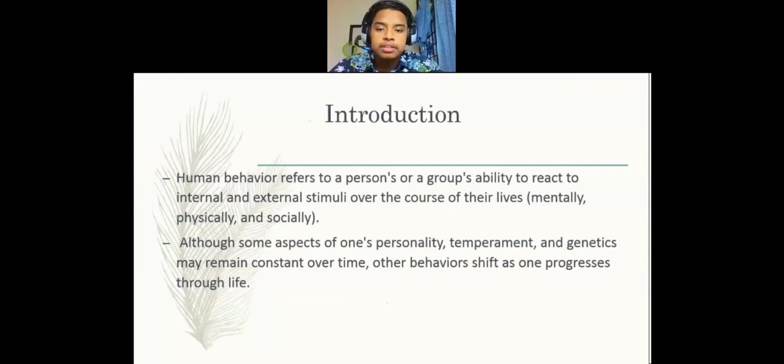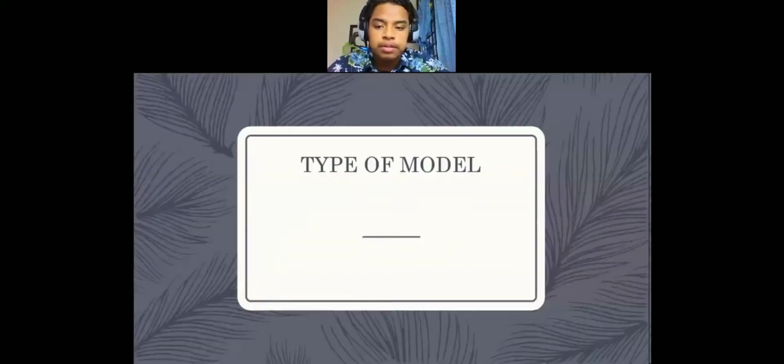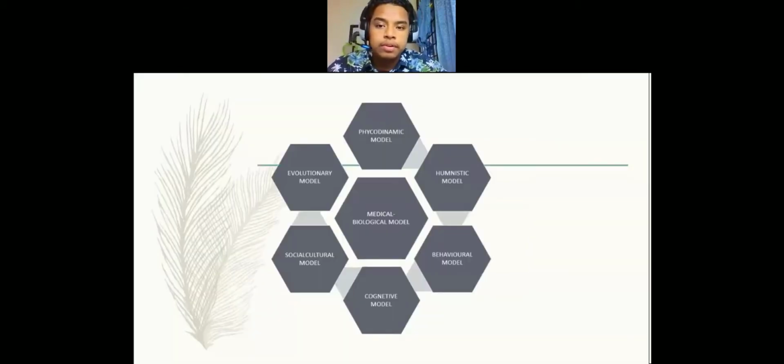Although some aspects of one's personality, temperament, and genetics may remain constant over time, other behaviors are shaped as one progresses through life. There are certain types of models: evolutionary model, psychodynamic model, humanistic model, behavioral model, cognitive model, sociocultural model, and medical biological model.